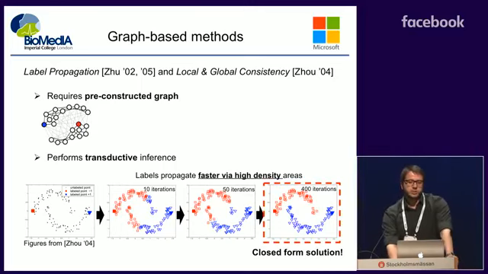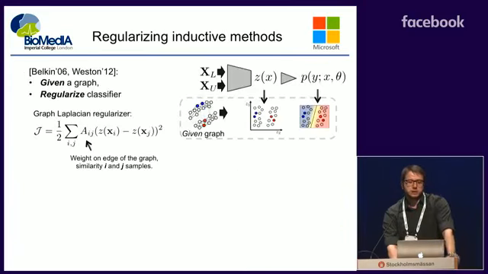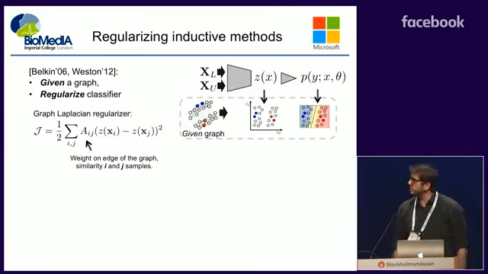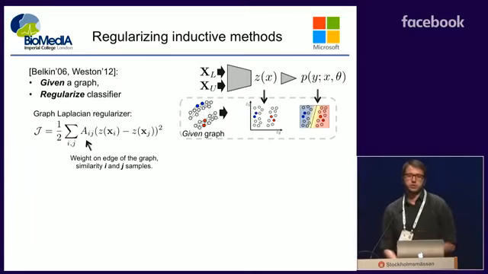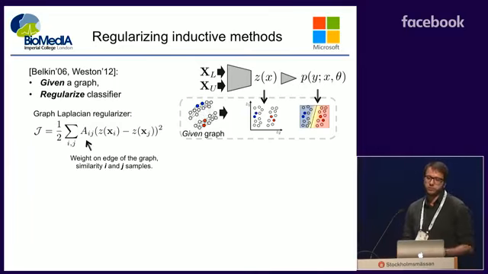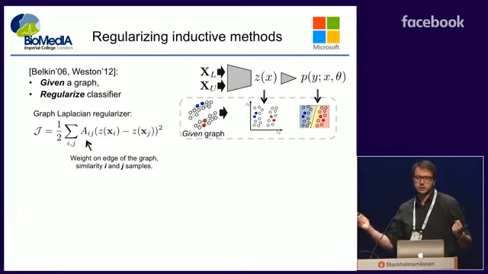We're going to use label propagation, as I said, but to regularize an inductive classifier. Transductive inference is a little bit inconvenient because you need all the samples in your hands to perform inference. Other methods have tried to use graphs to regularize inductive methods.